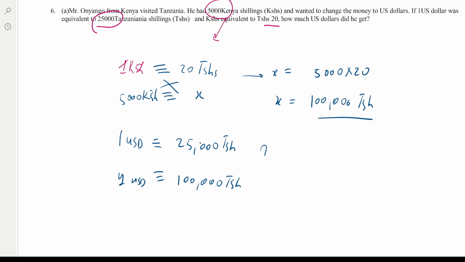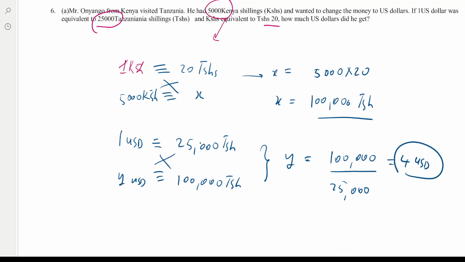So we are looking now for Y. By cross multiplication, dear students, you'll get Y. You take 100,000 divided by 25,000. Eventually you get 4 USD.